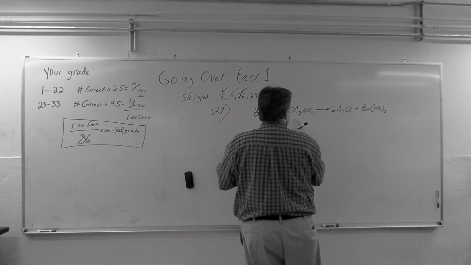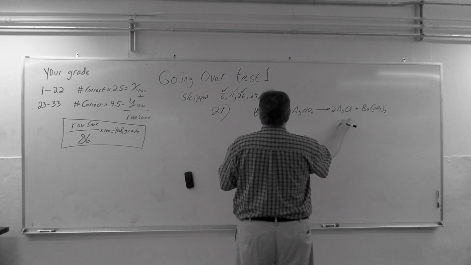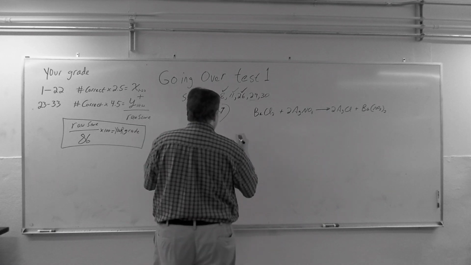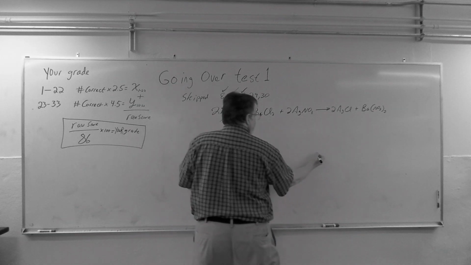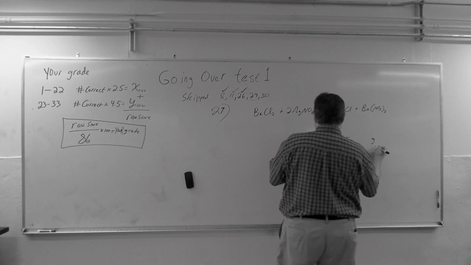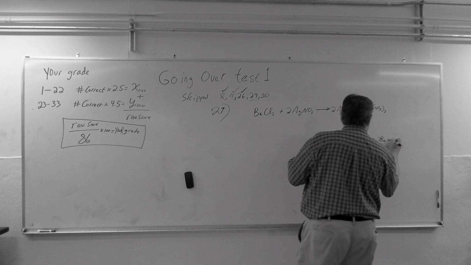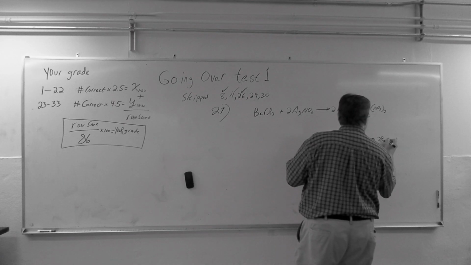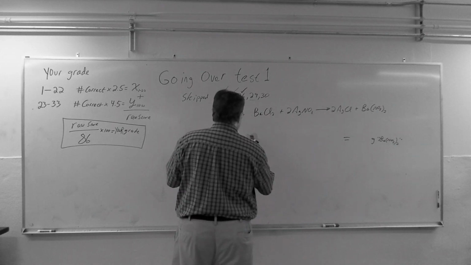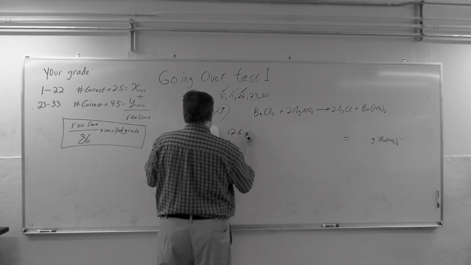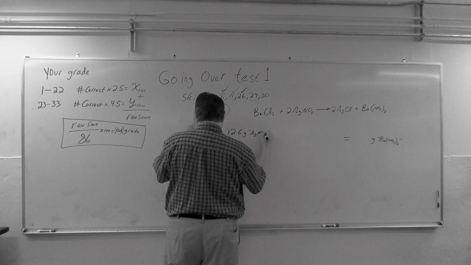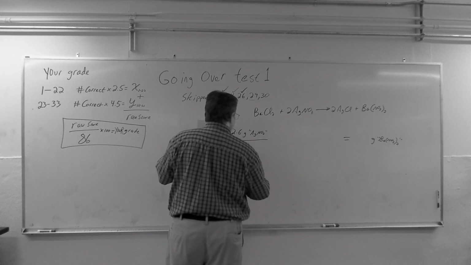Two AgNO3, two Cl, two Ag. That's the balanced reaction. You're asking how many grams of Ba(NO3)2, that's what we're looking for, are generated when 12.6 grams of AgNO3 reacts.